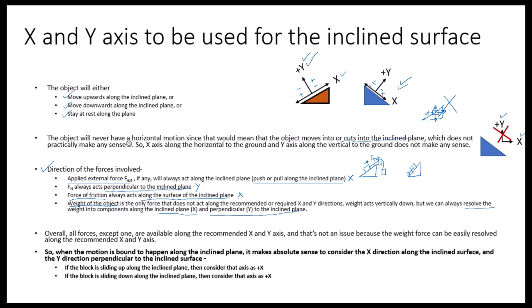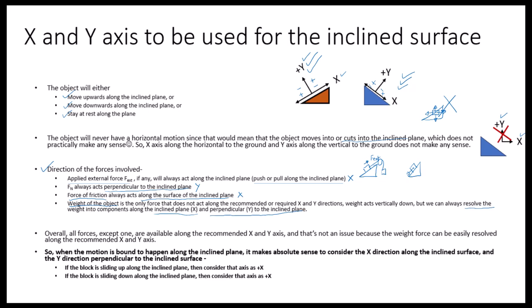So all the forces related to the motion of the object along the inclined plane can be managed if we take x and y direction as shown in this picture.